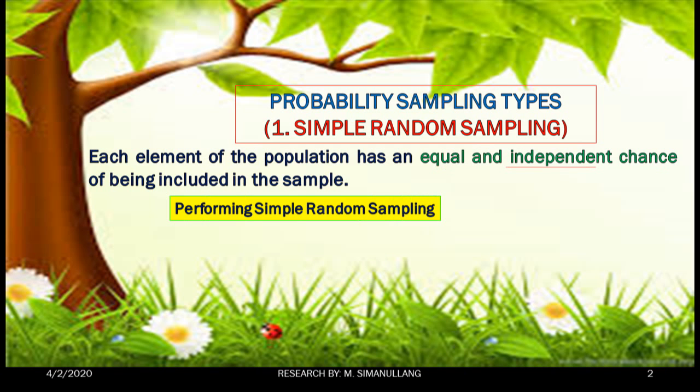How is the sample taken from the population in simple random sampling? You need to follow these procedures. The first step is to number or to name each member of the population 1 to n. 1 to n means 1 until all the population is numbered or named.